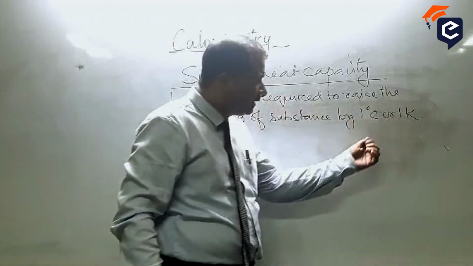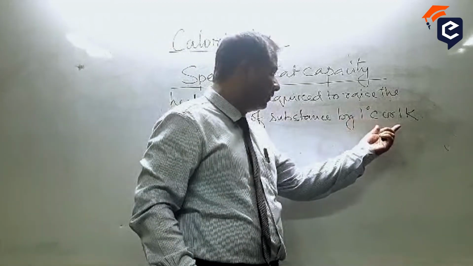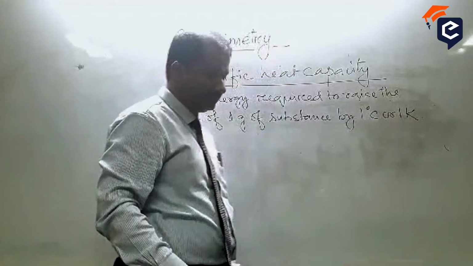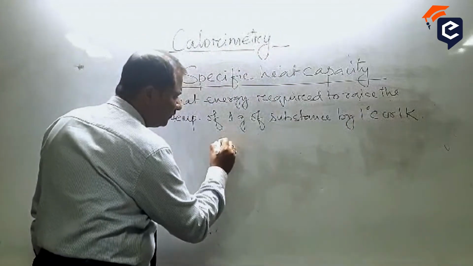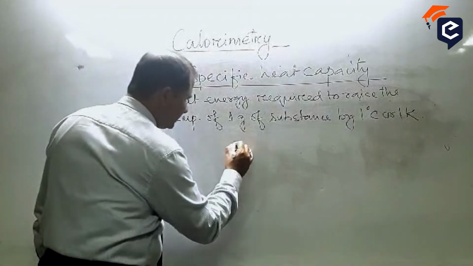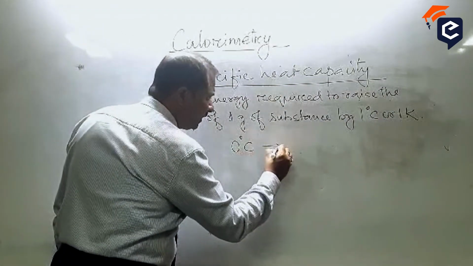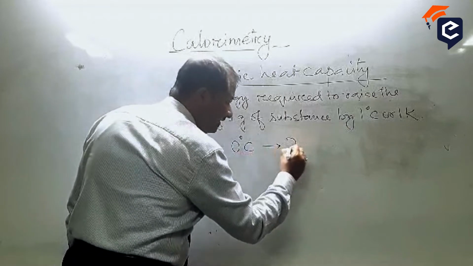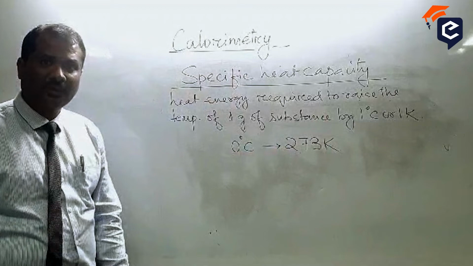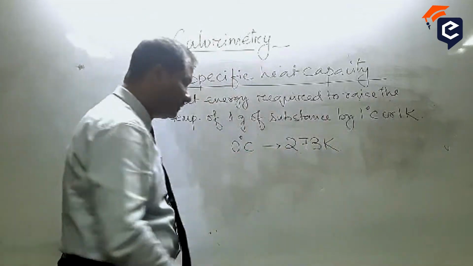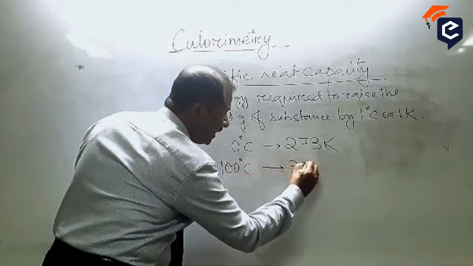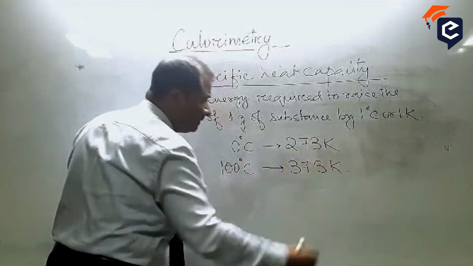Now there is a small thing which I want to tell you. It is 1 degree Celsius or 1 Kelvin. At what temperature does ice form? 0 degrees Celsius. If you convert this to Kelvin, it becomes 273 Kelvin. At what temperature does water boil? 100 degrees Celsius. So what do you have? 373 Kelvin.